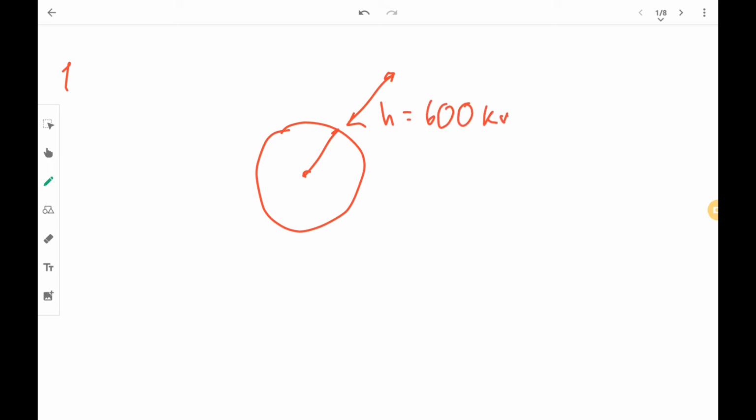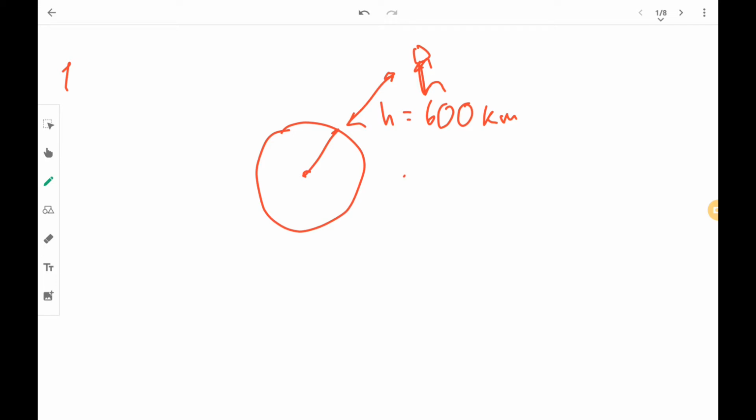So for part 4, basic question 1, you have the Earth as a sphere and a person 600 kilometers above the Earth. They want you to find the gravitational force on this person.